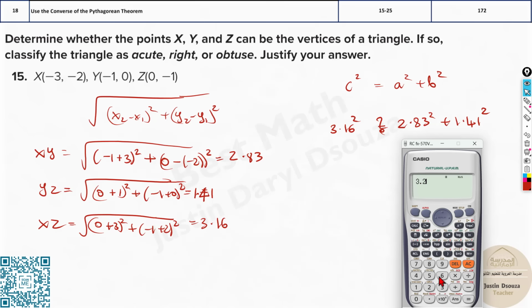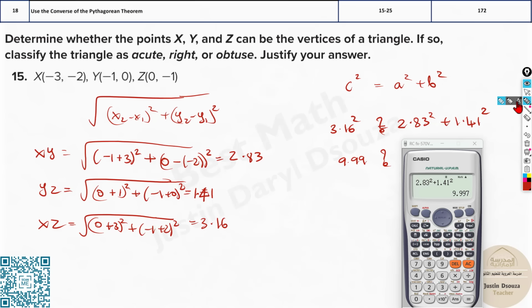It's 3.16 squared. That is equal to 9.99, I can take because it's almost 10, okay? I'll take it as 9.99 over here. Is this equal to the right side? Let's check it out over here. It's 2.83 squared plus 1.41 squared.